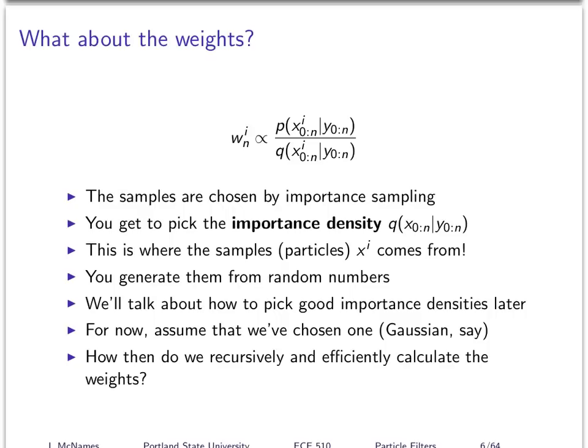Just like we move the state one step ahead, as engineers doing signal processing and caring about not just the math, but the computational aspects of this, we would like to be able to update our weights in time as well and have a recursive equation for the weights. And so we need to do some kind of factoring of this ratio so that the weight is somehow a function of what the weight was, and we just need to update them somehow. And we got to work out the math to figure that out.